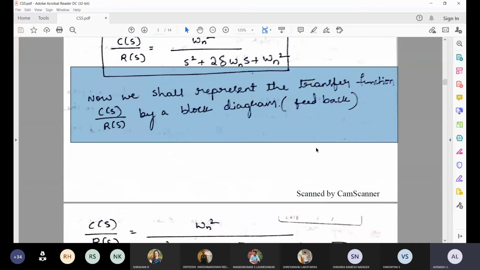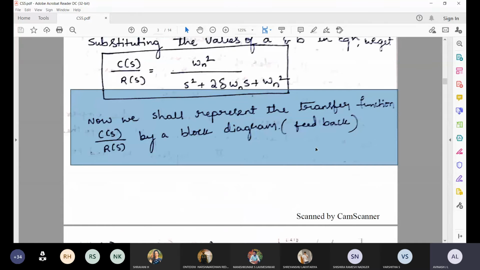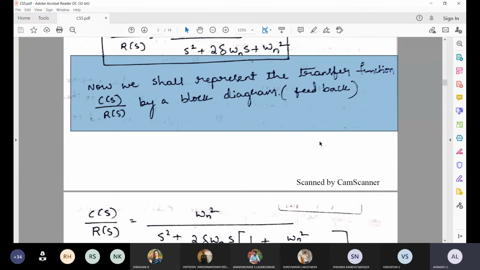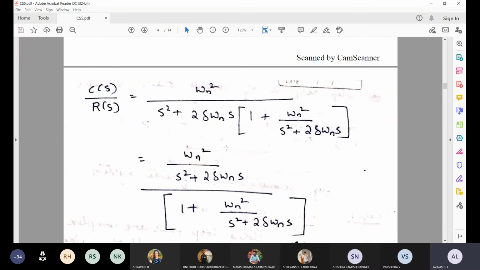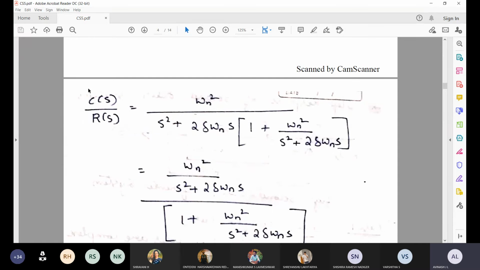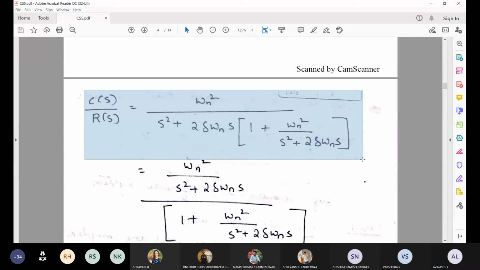In order to represent it in terms of a minor feedback loop, we should get the feedback element also. That is why we are rearranging the equation. Take this equation in this format.